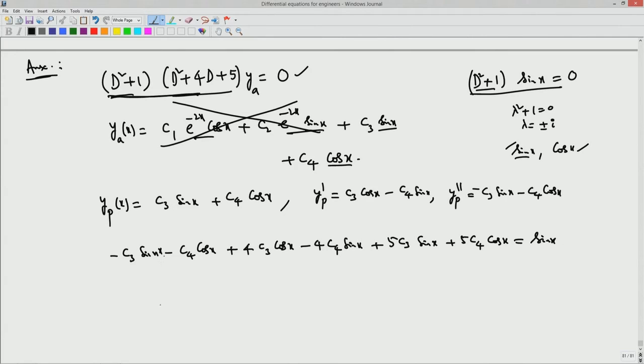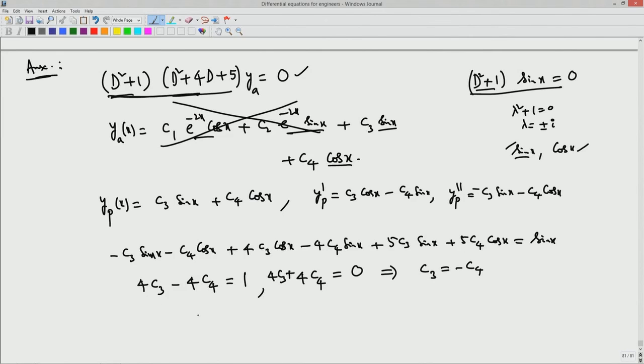So, the sin x coefficient gives minus C3 minus 4 C4 plus 5 C3, so that is going to be 4 C3 minus 4 C4 equal to 1, and the cos x coefficient is minus C4 plus 4 C3 plus 5 C4, that is 4 C3 plus 4 C4 equal to 0. So, this will give me C3 equal to minus C4.